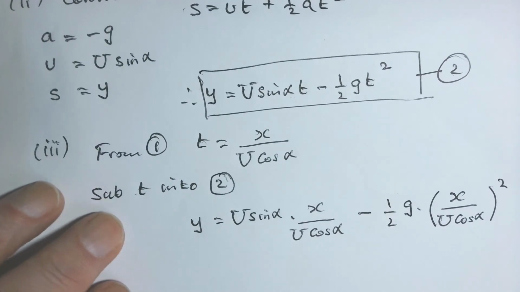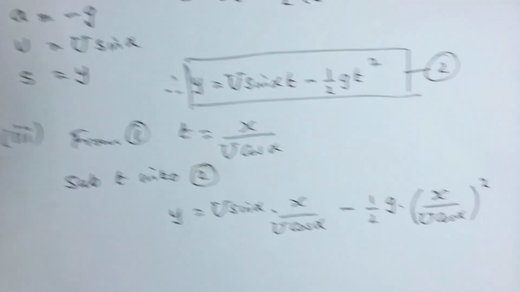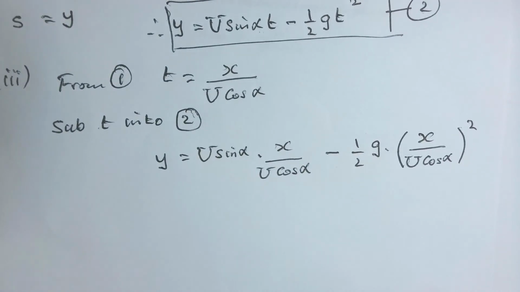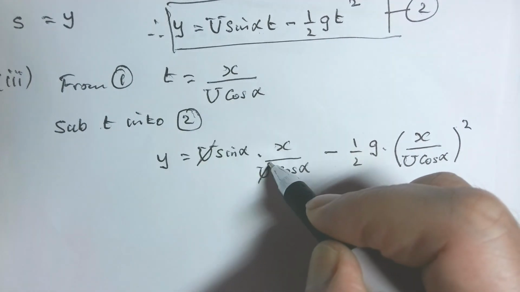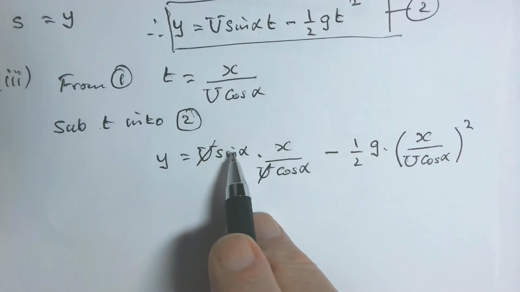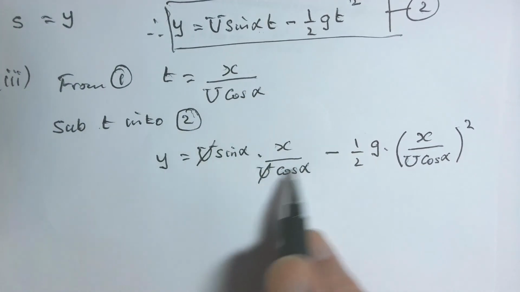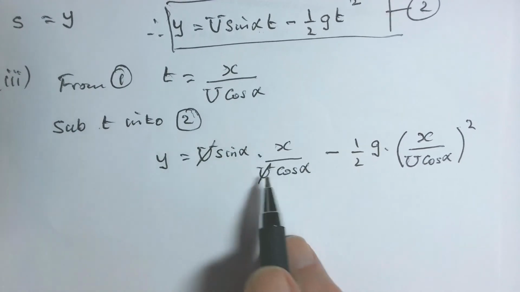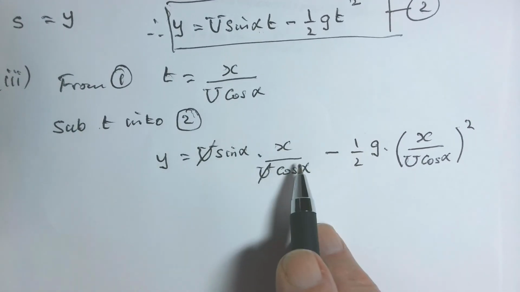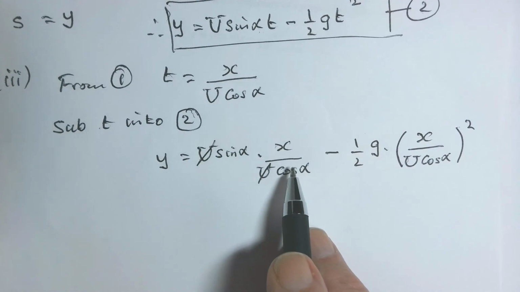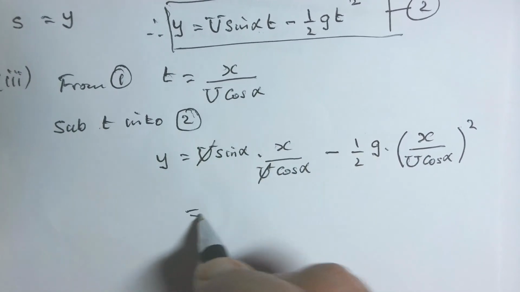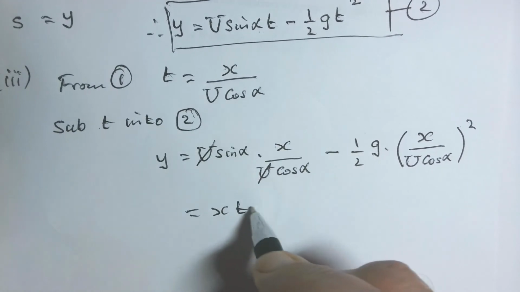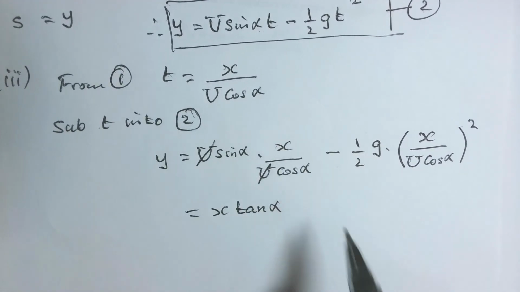Now this is where the trigonometry comes in, because the u's cancel out, and we've got sine alpha divided by cos alpha, which you remember is tan alpha. Now we've got an x on the top line, so this is going to become x tan alpha.